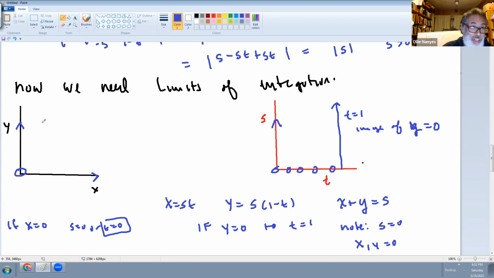The next thing you notice is if you take x plus y equals a constant, that's a constant s, because remember, x plus y is s. So this x plus y equals alpha gets mapped to s equals alpha.